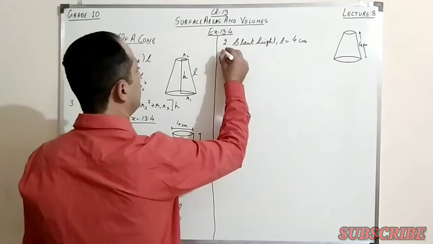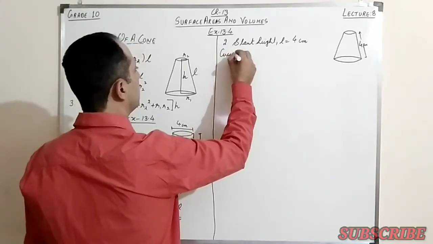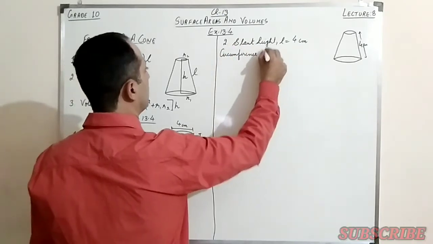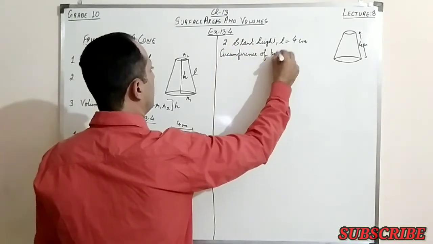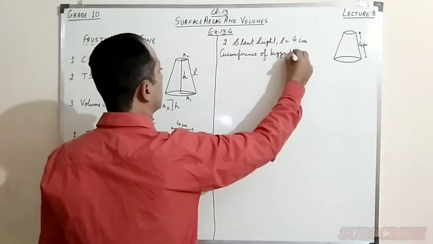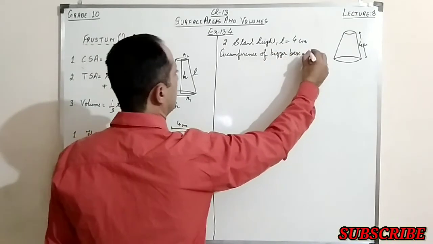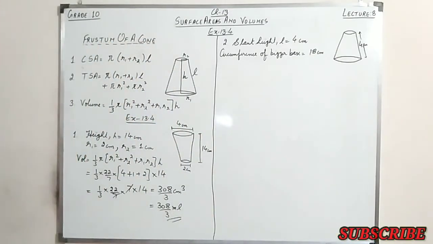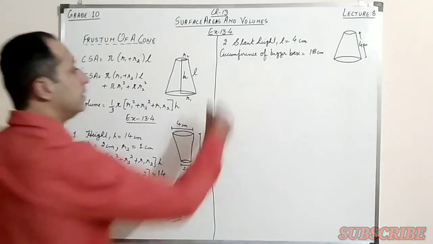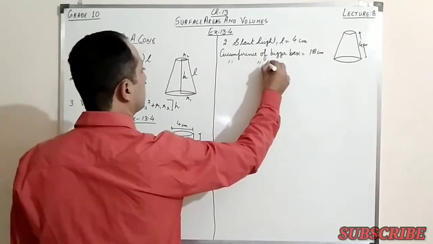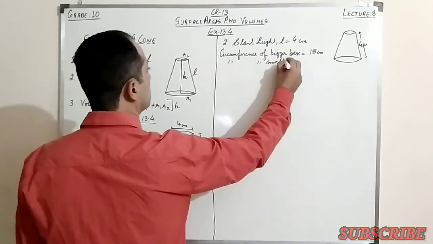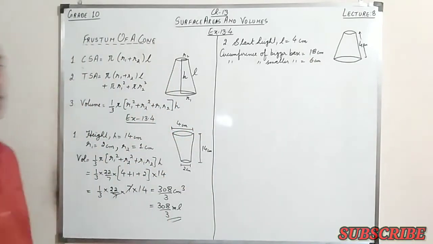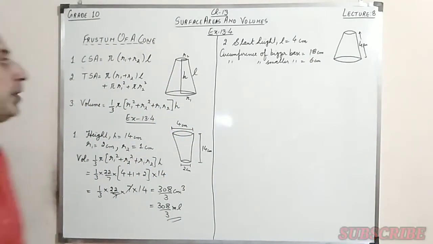Now, the circumference of the bigger base is 18 centimeter, right? And that of the other is 6 centimeter. Right. Now the formula for the circumference is 2 pi r.